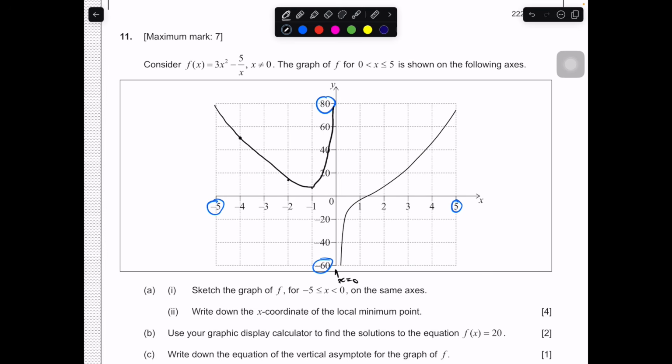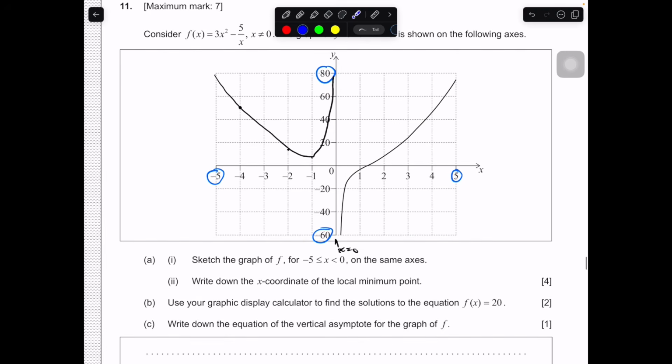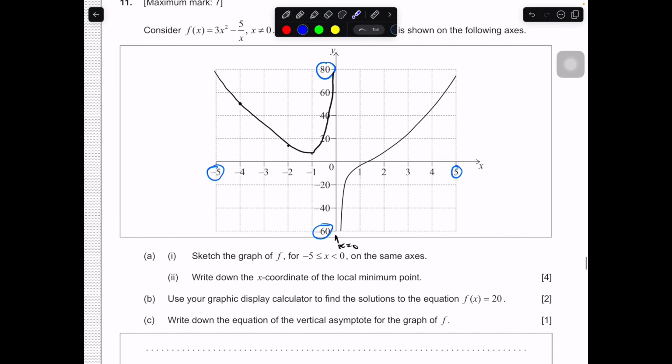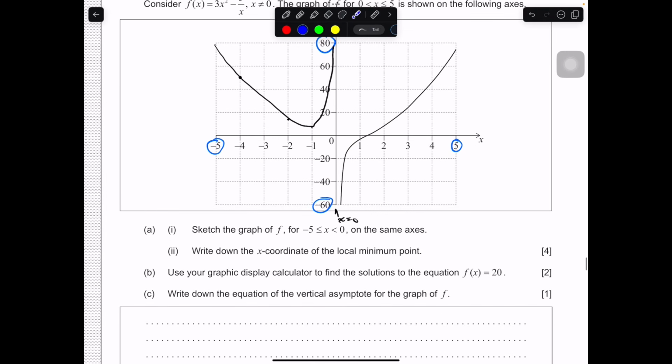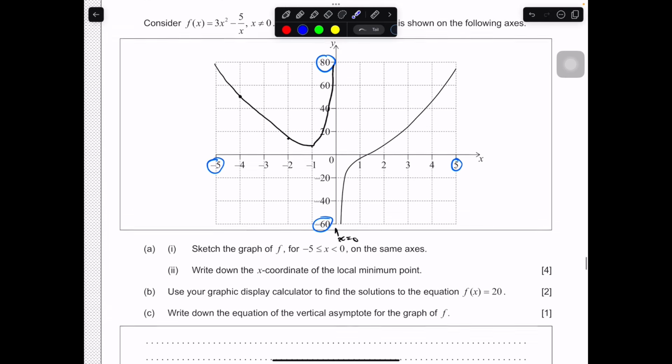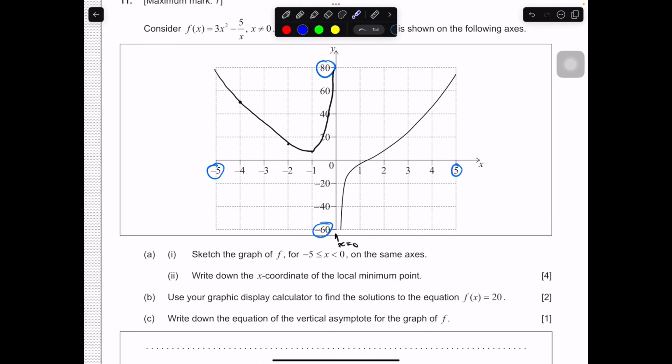So where do we approach infinity? As we go up to positive infinity or down to negative infinity? This vertical asymptote, remember, happens when x is equal to 0. Okay, sketch the graph of f on -5 to 0. Good. Write down the x-coordinate of the local minimum. That would be this point right here.